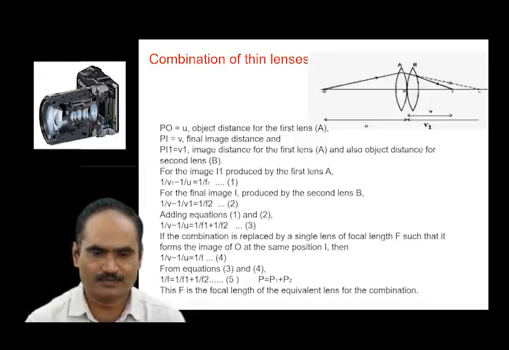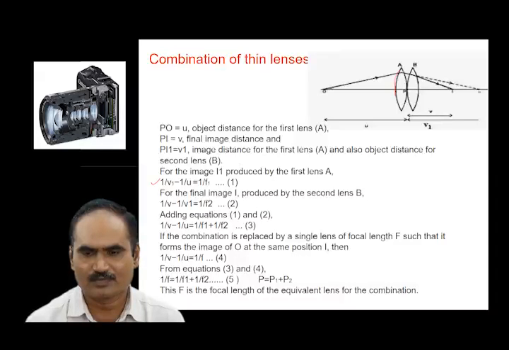For the first lens, the formula is 1/V1 minus 1/U is equal to 1/F1. And for the second lens, we use 1/V, the final image, minus 1/V1, which is equal to 1/F2.